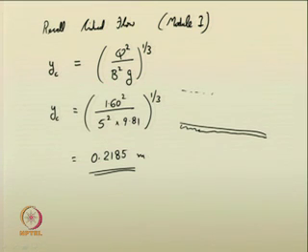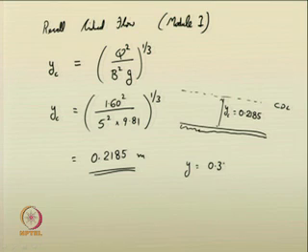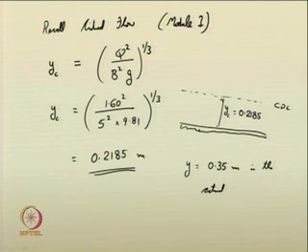So, yc is equal to 0.2185 meter. Your actual flow depth is y is equal to 0.35 meter, which is the actual depth observed.